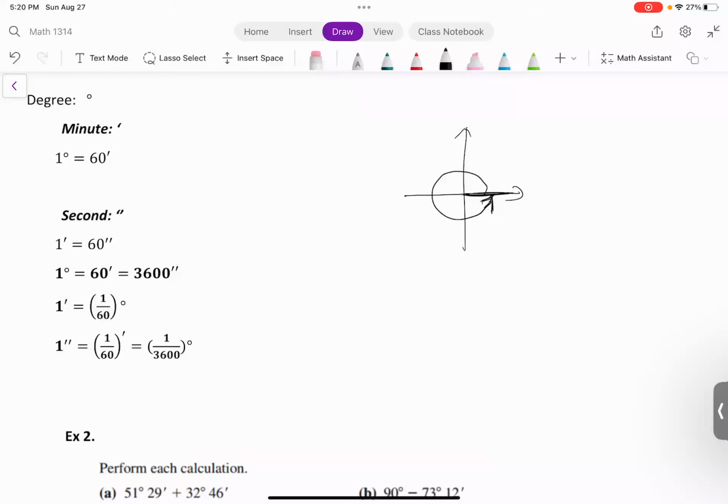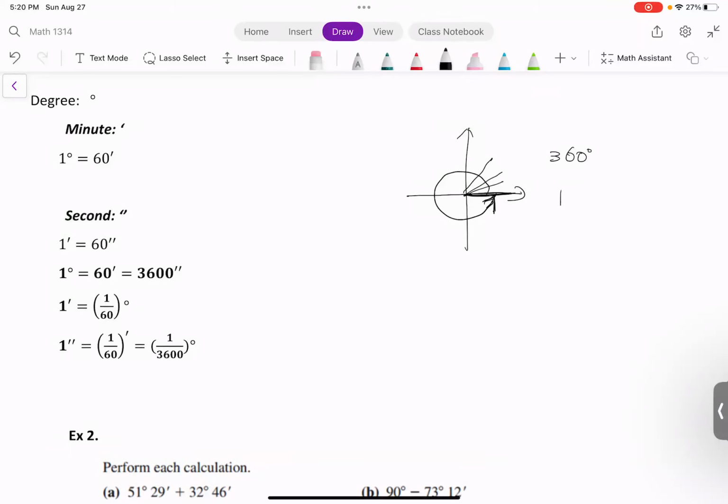So I divide the one full rotation into 360 parts. So each part is 1 degree. For example, I cut it into 360 parts. One portion, this one we call 1 degree. And I can continue to break down the 1 degree into small portions.